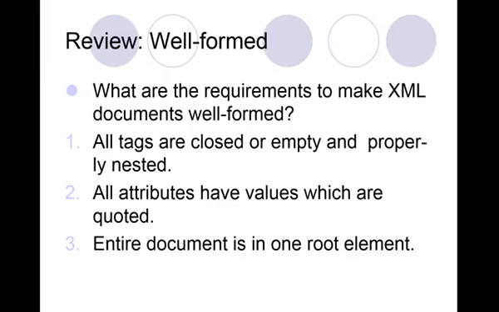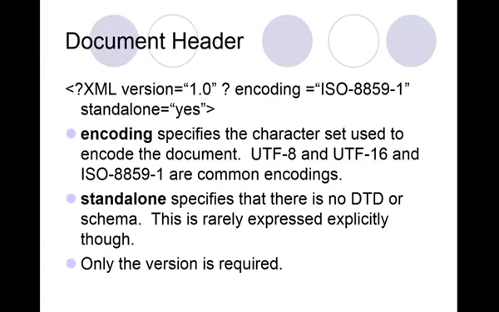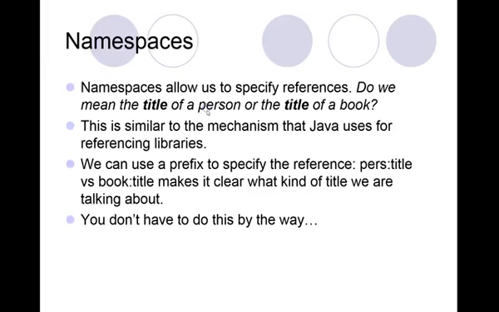So that's well formed. So here's a document header. We saw this before in the example. And again, the only part that's required is this question mark XML version equals 1.0. And you know what? It looks like we have a typo here. This question mark should be here at the end, not there at the beginning.